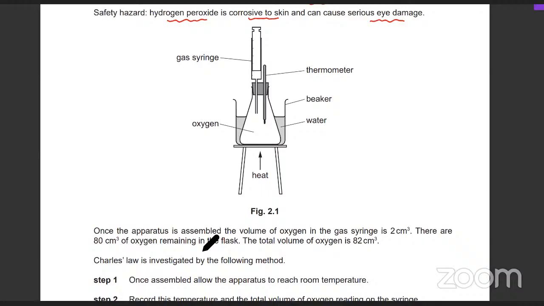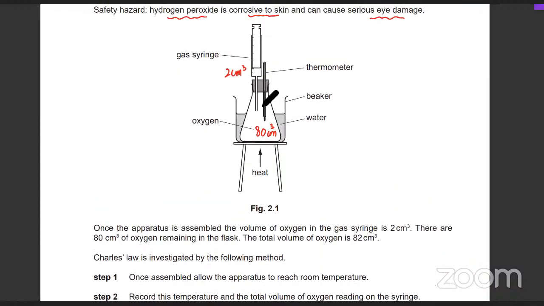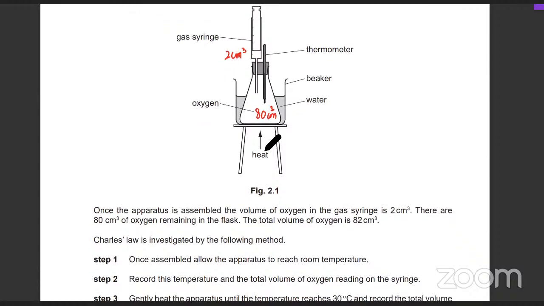There are 80 cm cube of oxygen remaining in the flask. So I don't know what he means by this, but he's saying that there's 80 cm cube in the flask, and there's barely 2 cm cube in the gas syringe. That is what he meant, right? And there's only oxygen gas in the flask.